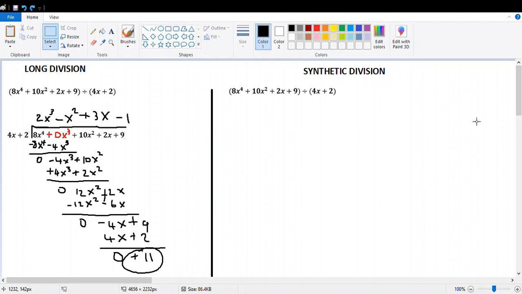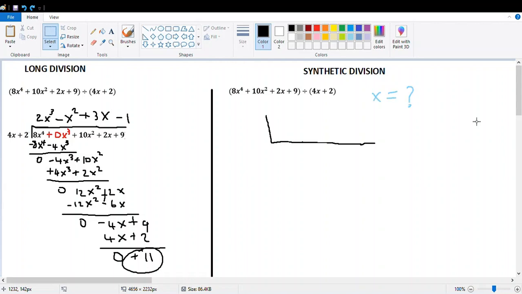Then let's start. In synthetic division, it's really important to recognize this is the way that we are going to organize all of the numbers. I want to focus on the divisor, which is 4x plus 2. We have to think of a number for x that when you replace it, the divisor is going to be 0.